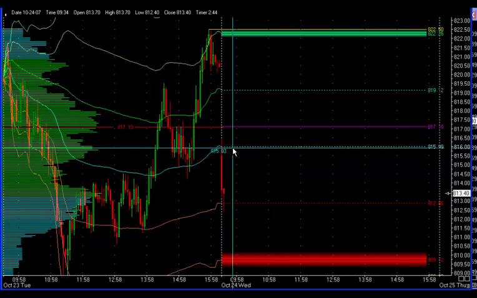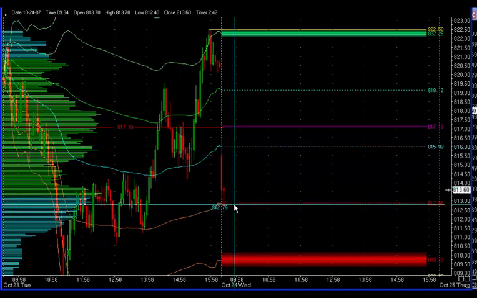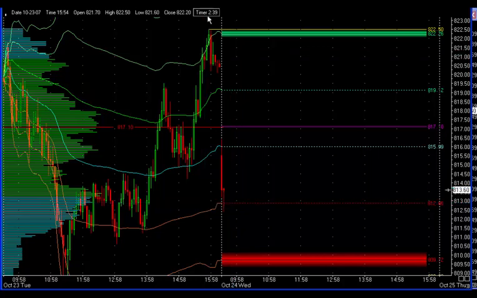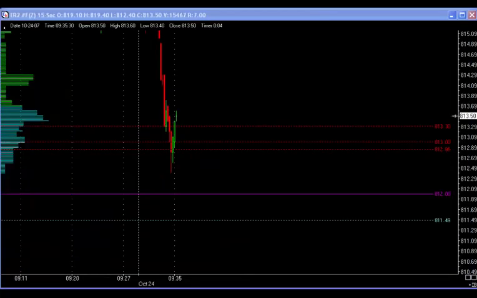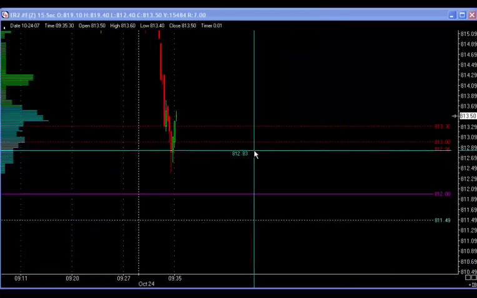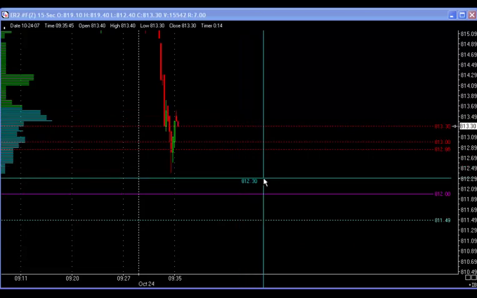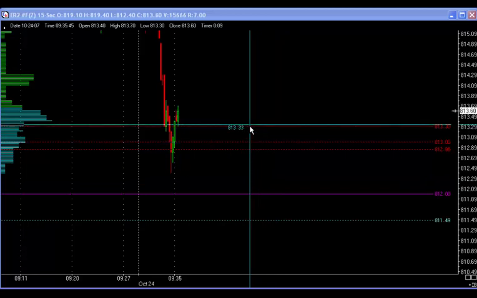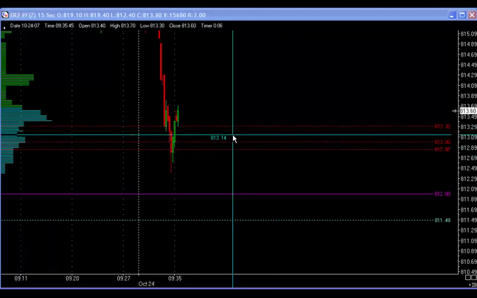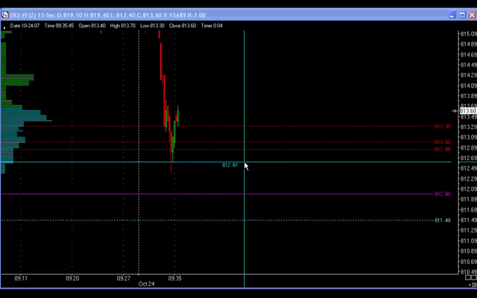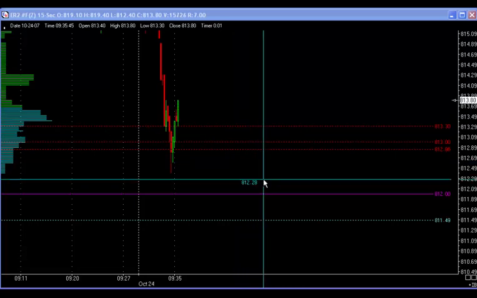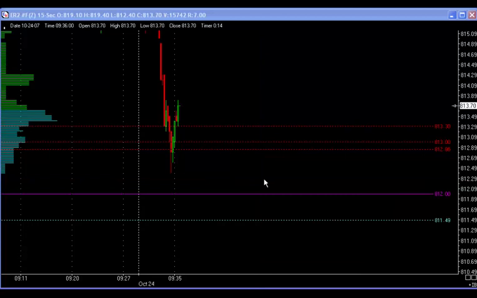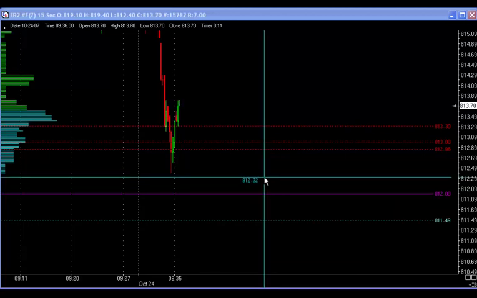Here's yesterday's VWAP, 815.99, and that 812.86 value here. So in this case we broke through and then came right back up again. So here we have 3 standard deviations. First standard deviations near one another. And watch the price action around this region.